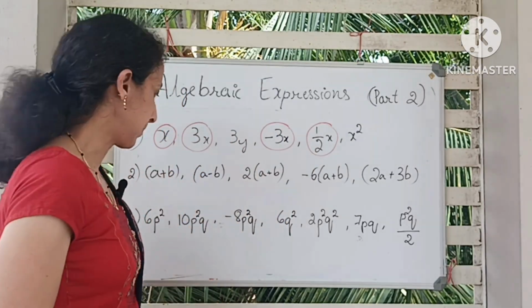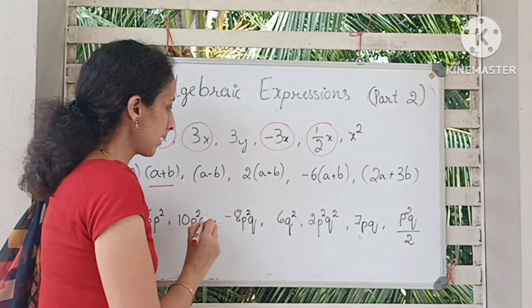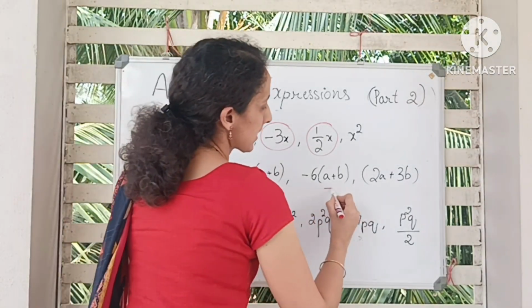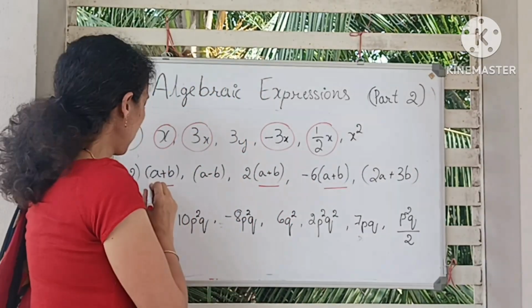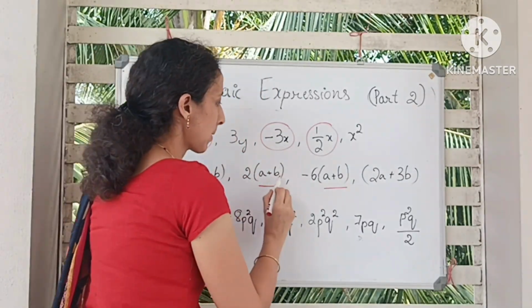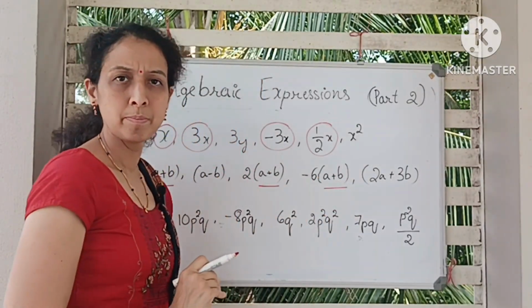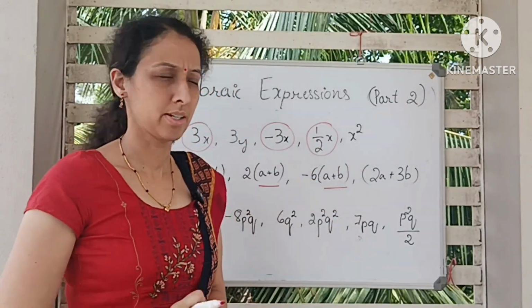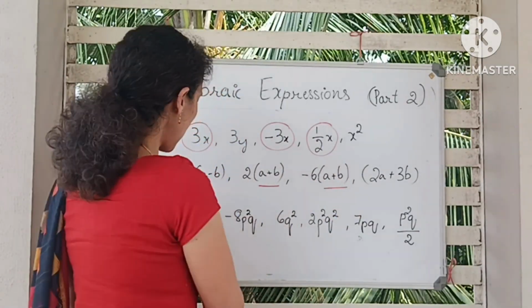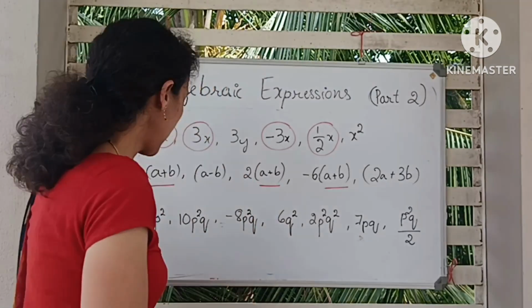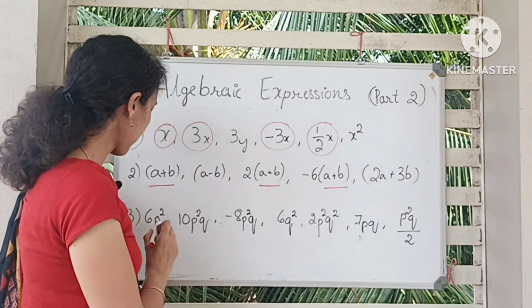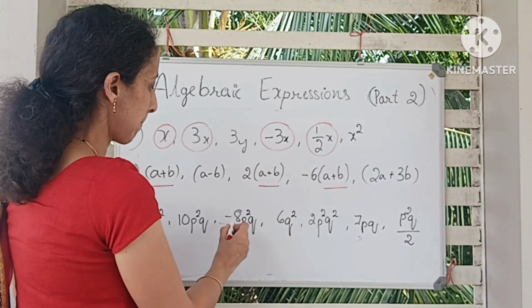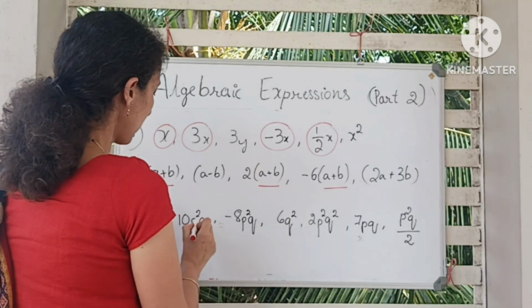In the second example, a plus b is common here, a plus b, 2a plus b, minus 6a plus b have the same set of literal factors. So these are the like terms. And in the third one we have 6p square q, 10p square q, minus 8p square q.